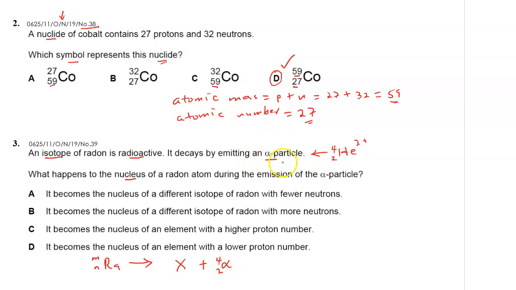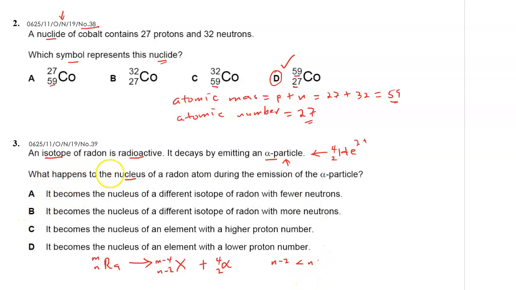In this case the atomic mass will decrease by 4, so m minus 4, and the atomic number will also decrease by 2, so you'll have n minus 2 there. This basically means n minus 2 is less than n, so this will be a different element with a smaller number of protons.